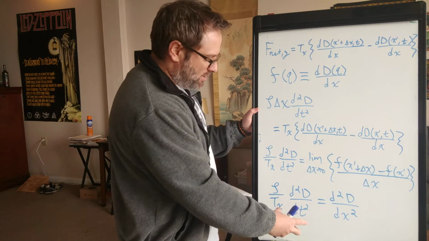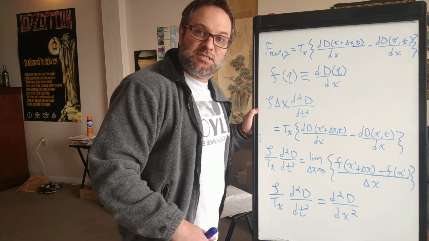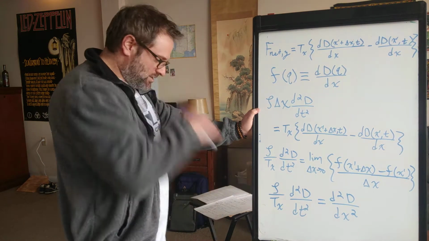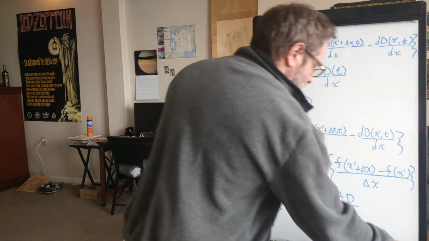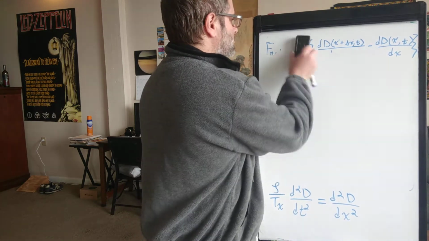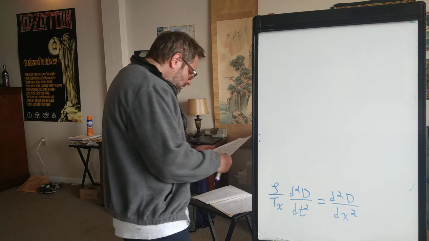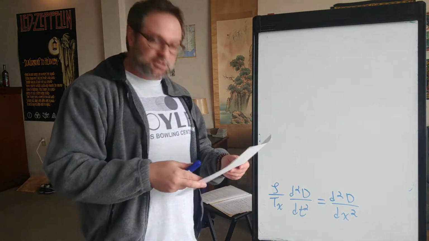We have on the one side the time derivative, on the other side the position derivative, and then multiplied by this factor over here. So it's a differential equation. Let's solve it.